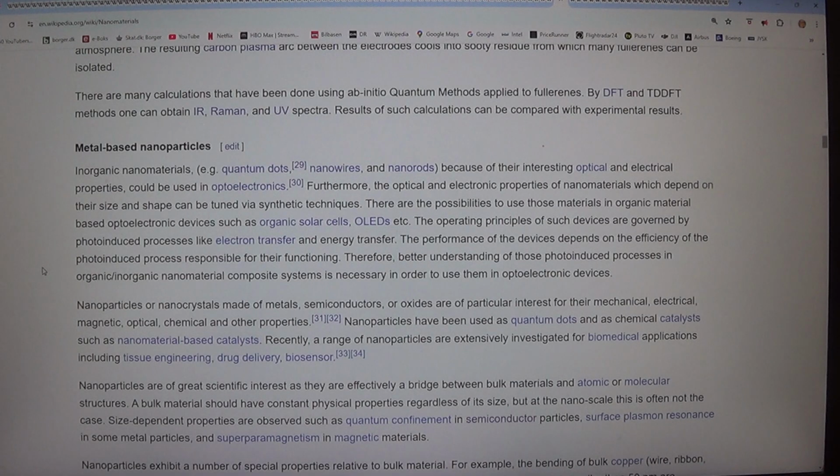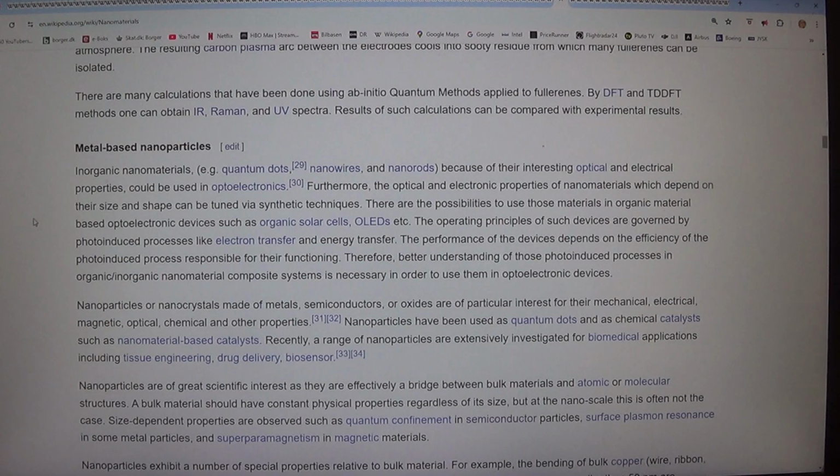Metal-based nanoparticles. Inorganic nanomaterials, for example quantum dots, nanowires, and nanorods, because of their interesting optical and electrical properties, could be used in optoelectronics. Furthermore, the optical and electronic properties of nanomaterials, which depend on their size and shape, can be tuned via synthetic techniques.